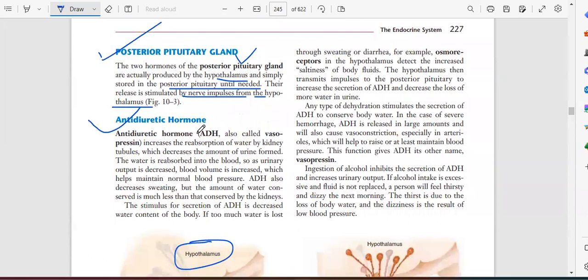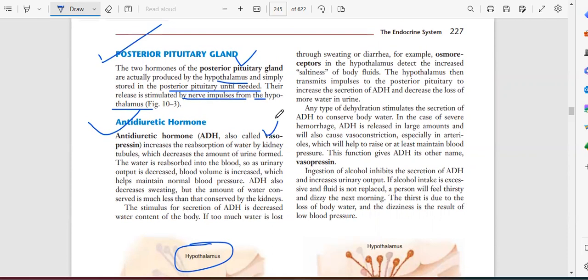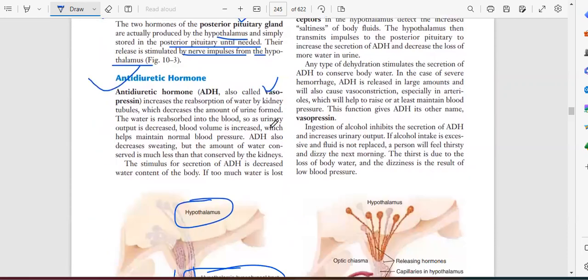Next, antidiuretic hormone, ADH, also known as vasopressin. So the other name of ADH is vasopressin.